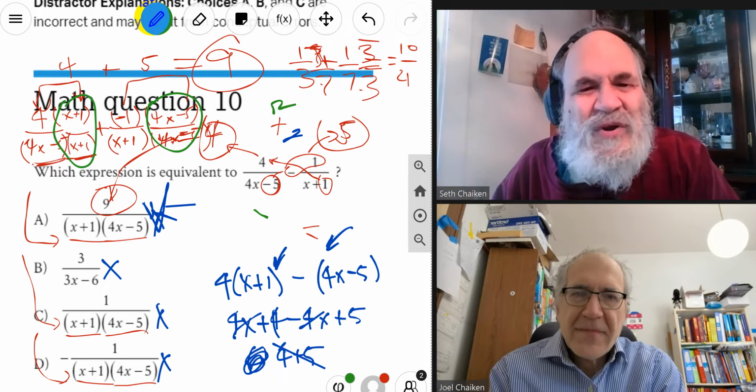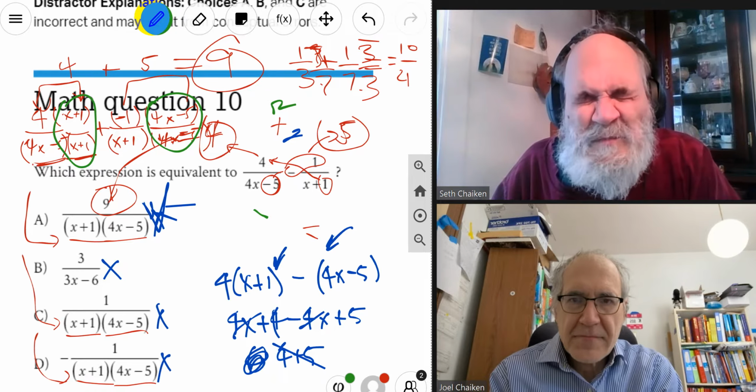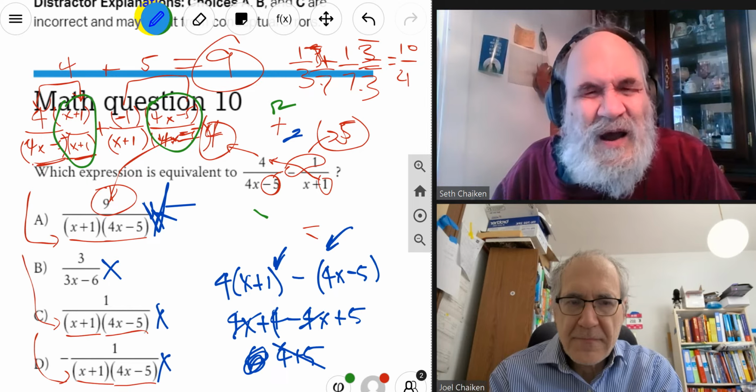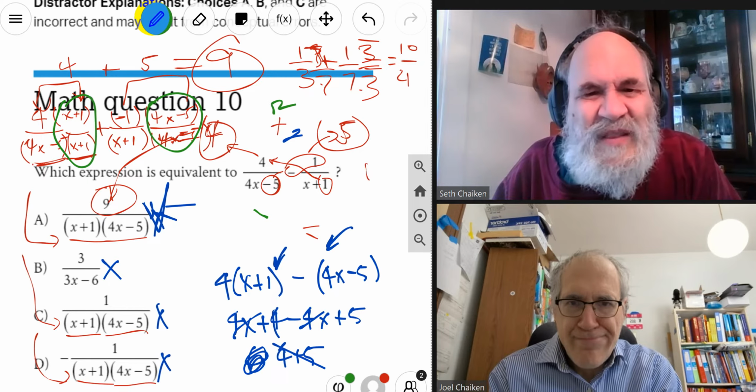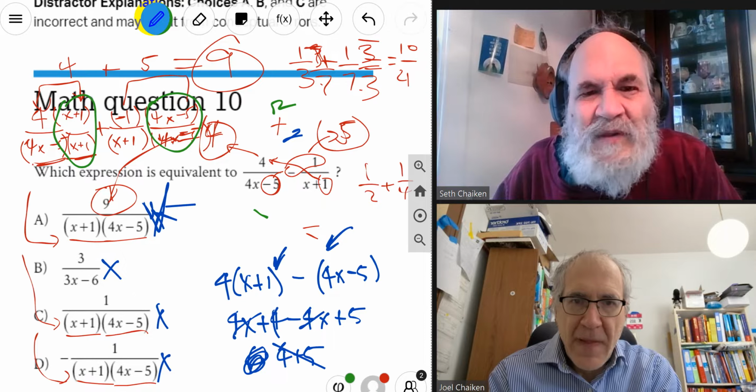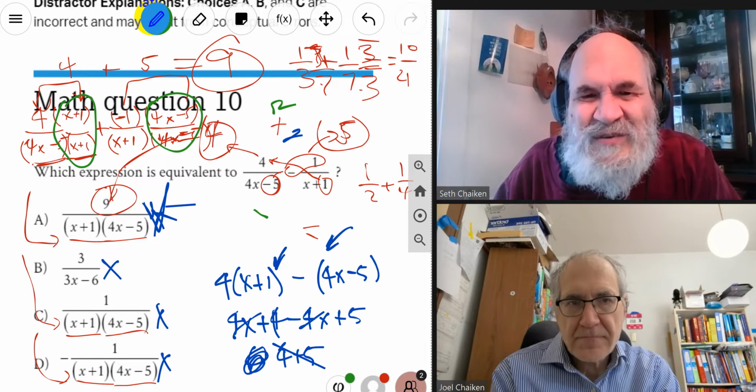Absolutely right. So, for example, if you had 1/2 plus 1/4, a least common denominator is 4. So kids are taught to convert the half to 2/4 and add it to 1/4 to get 3/4.